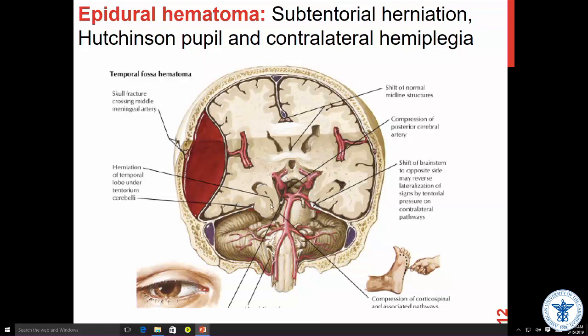The uncus is pressing on the cerebral peduncle here, and that's where the oculomotor nerve is getting impinged. So I'm going to have an ipsilateral Hutchinson pupil, a dilated pupil, and this peduncle has motor fibers which come down, cross in the medulla and go to the contralateral side, right? Therefore, I'll have contralateral Babinski, contralateral paralysis, and ipsilateral Hutchinson pupil, okay?